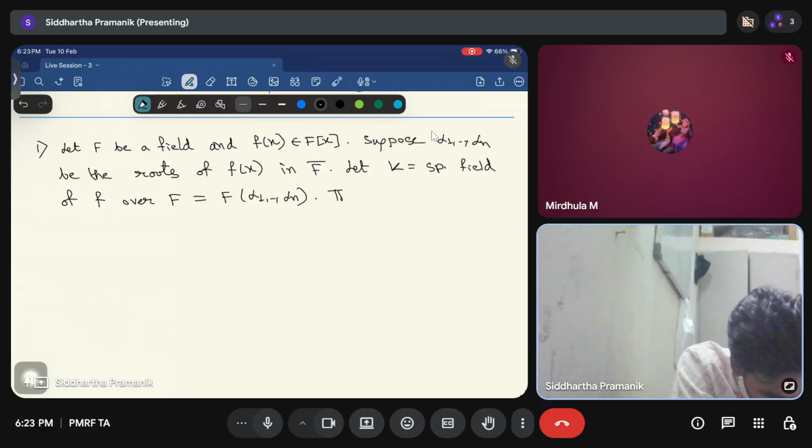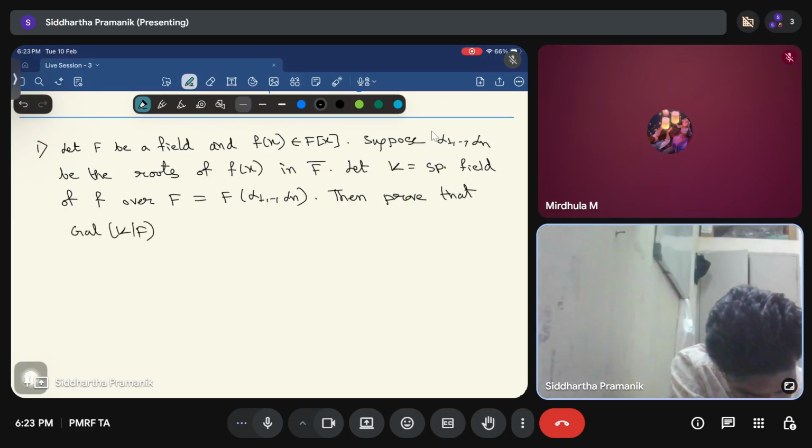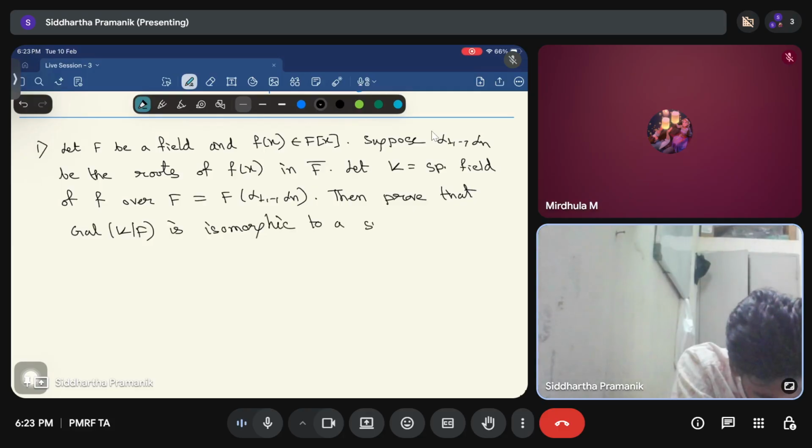Then prove that the Galois group of K over F is isomorphic to a subgroup of the permutation group Sn.